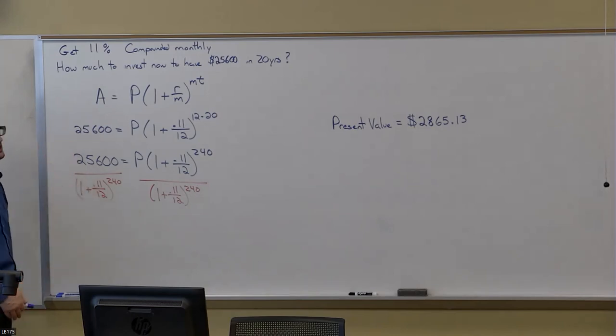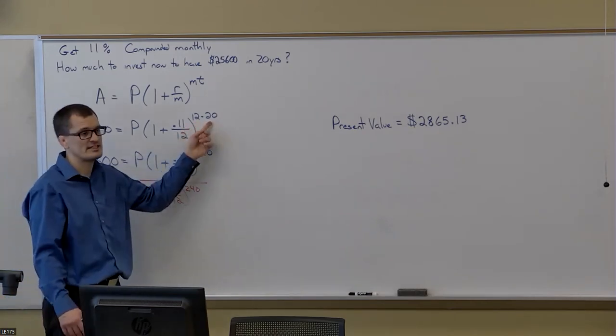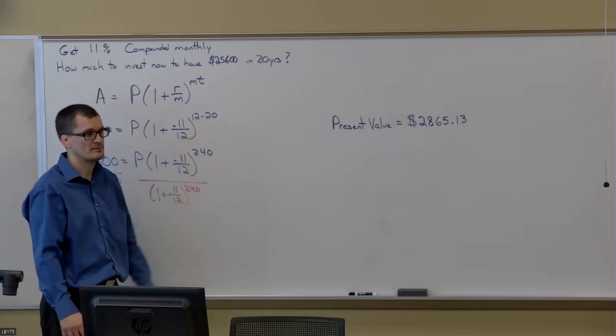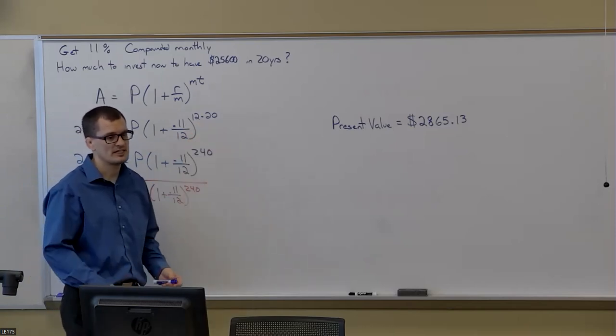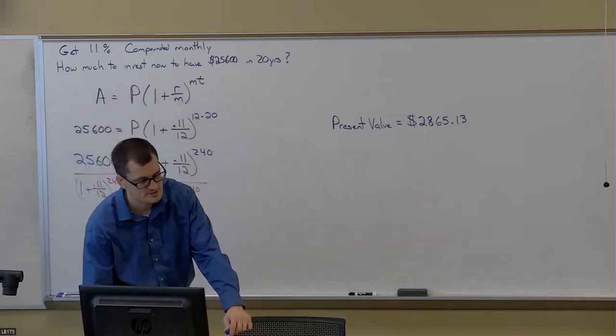And 11% interest is a high interest rate, don't get me wrong. Very high return, but you can see the power of this compounding interest. It really can grow money if you let it sit for a long period of time. Or if you let it gain interest for a long period of time.